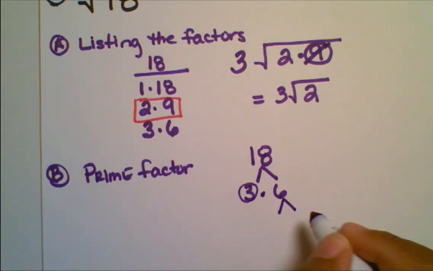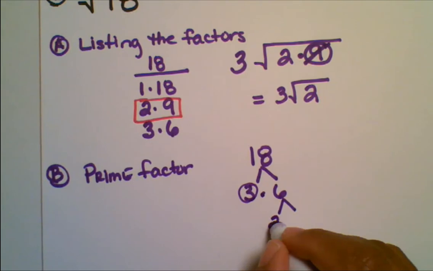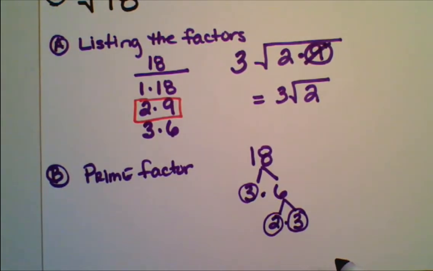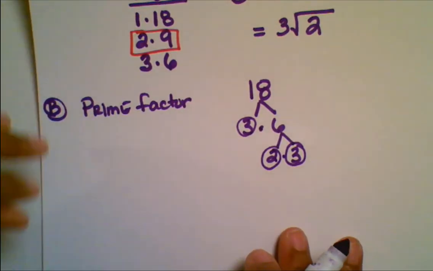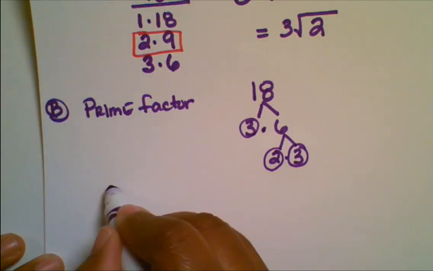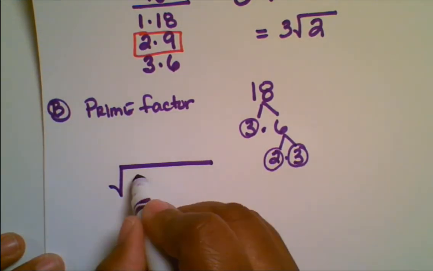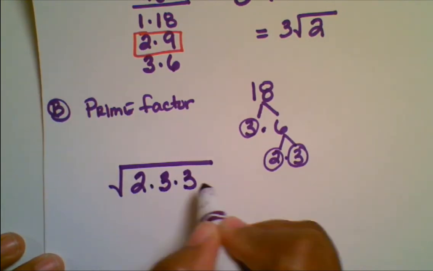Let's branch off 6 because we can find factors of that, and 6 being composite, we have 2 times 3. So we list the prime factors which we found: 2, 3, and 3.